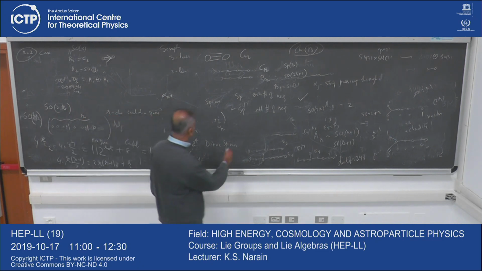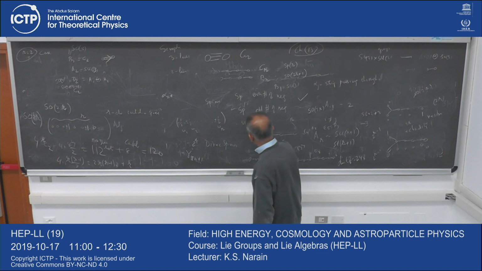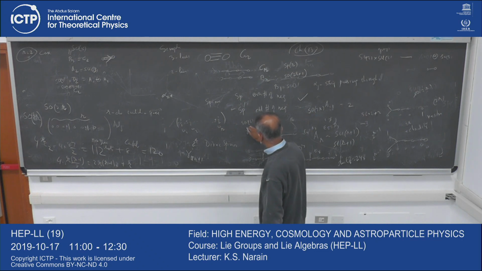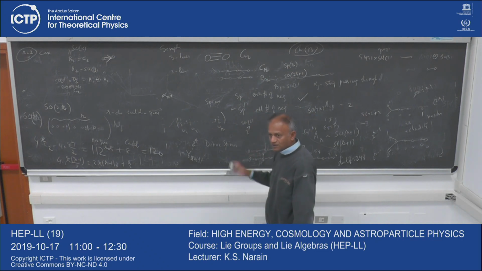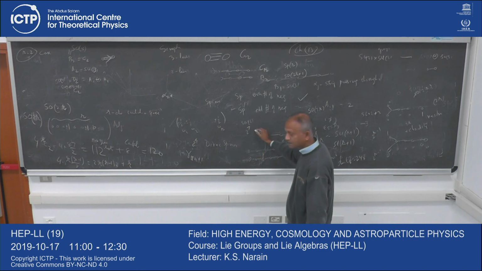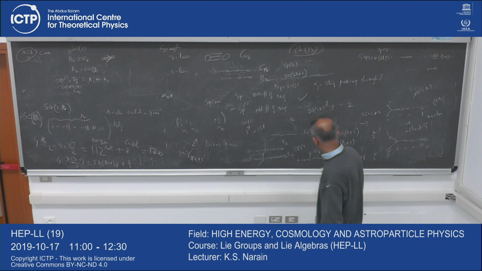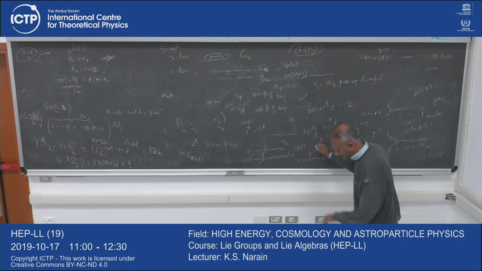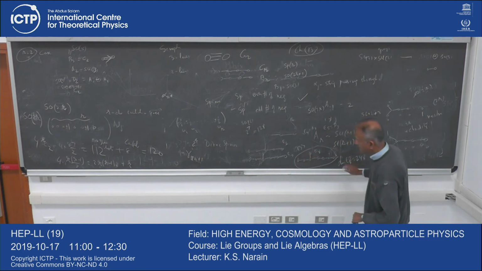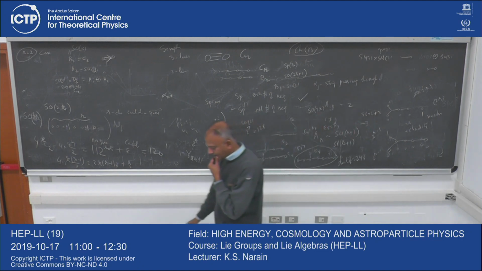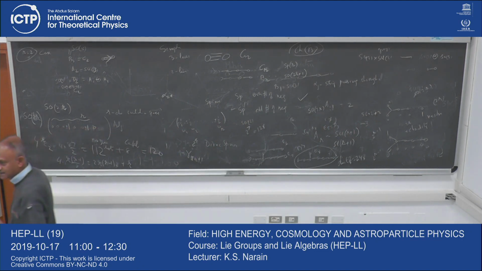So in particular for SO16, if I take just one of them, the dimension will be 2 to the power of 7, which is 128. Now what is nice about this is that E8 has maximal subalgebras.